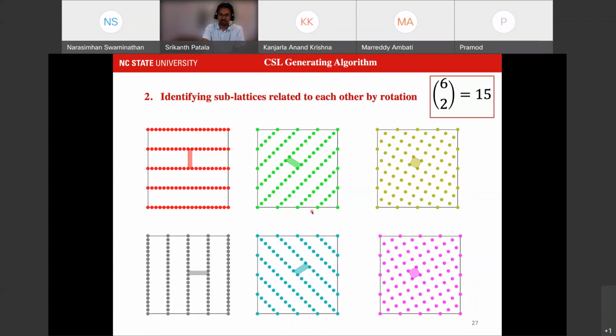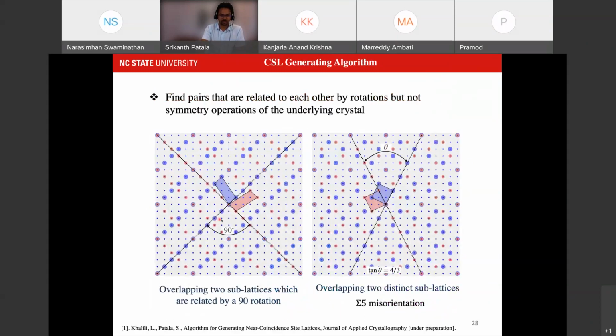And you can already see some of these sublattices. If I rotate this by 90 degrees, I get the other sublattice here, right? So I'm going to show that here. If I were to rotate the blue sublattice here by 90 degrees, I should get the red sublattice. But remember, 90 degrees is actually a symmetry of the underlying crystal, so this does not generate a coincident site lattice.